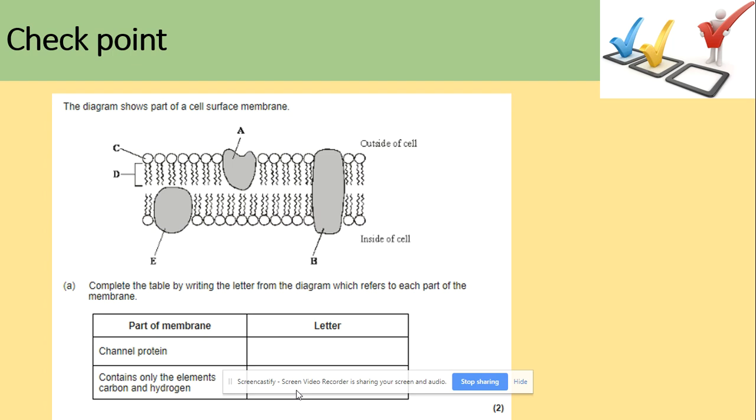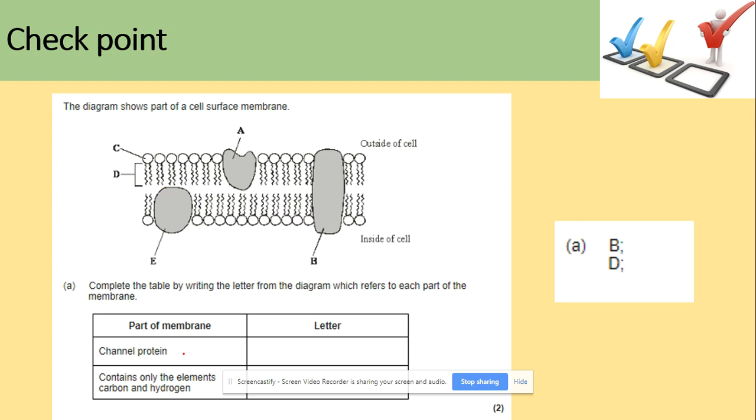So here we've got another question. We've got to complete the table: which will be the channel protein, and which contains only the elements of carbon and hydrogen. The elements of carbon and hydrogen will be letter D. Why D? Because those are fatty acids, and you should remember from section 1 that fatty acids are made of long chains of carbons and hydrogens.